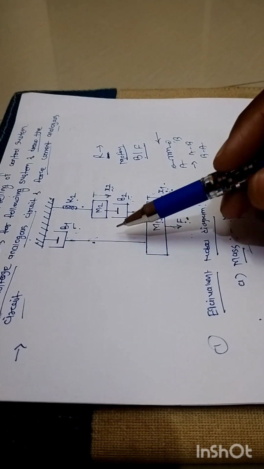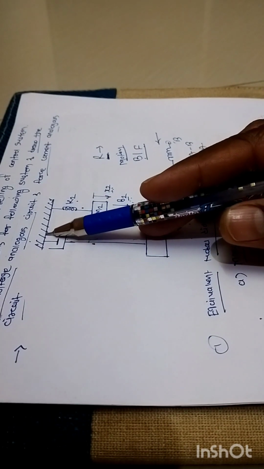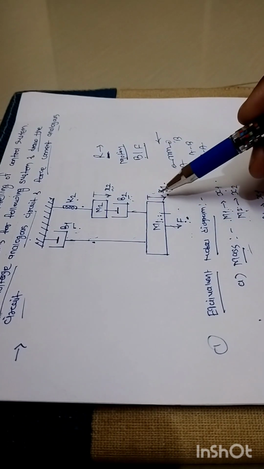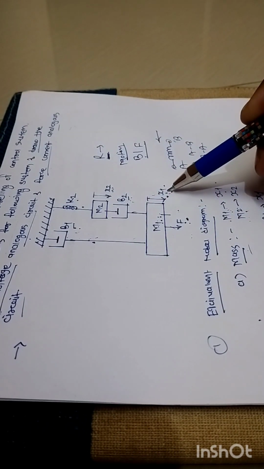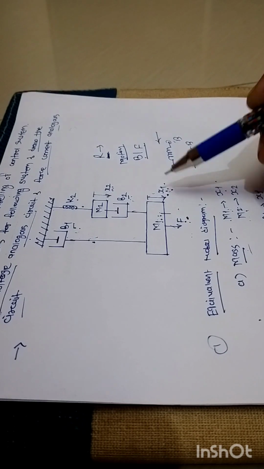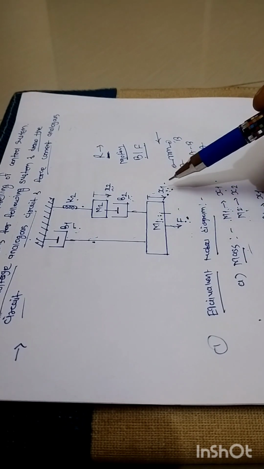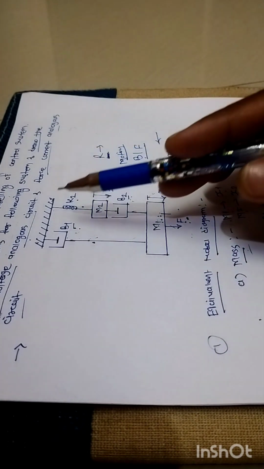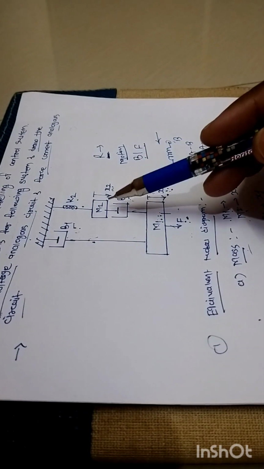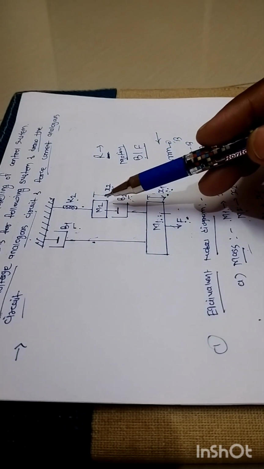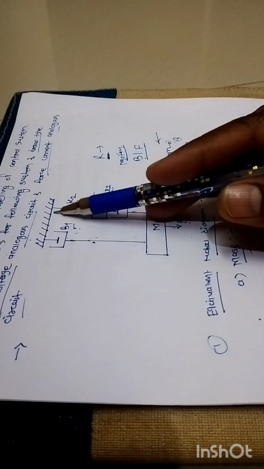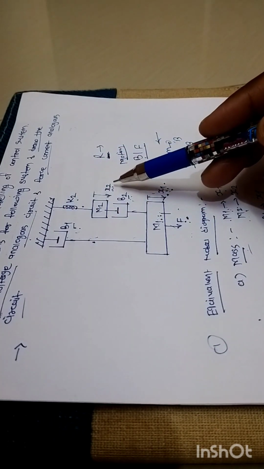One end of this mass is terminated at the reference axis and another end of this mass is associated with displacement number 1, right? So m1 is connected between displacement number 1 and the ground surface, right? Similarly, how is m2 connected? This m2 is connected between the ground surface and displacement number 2.